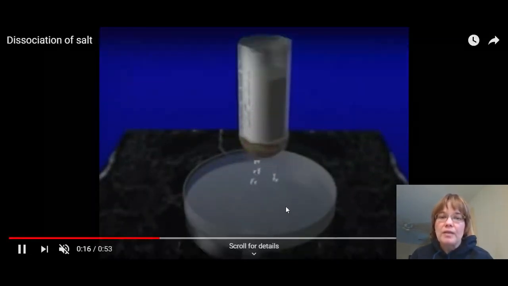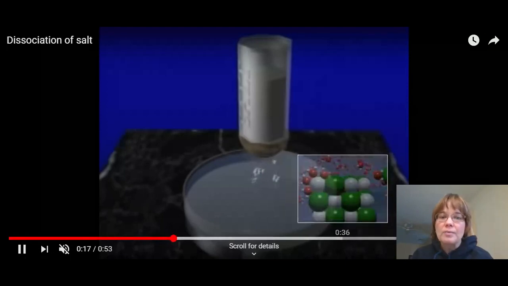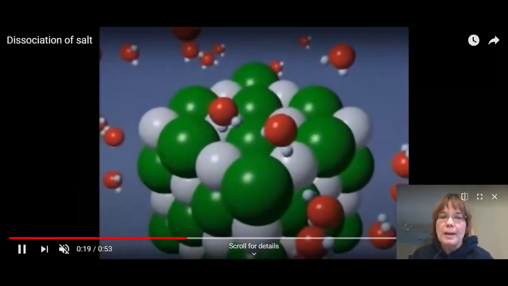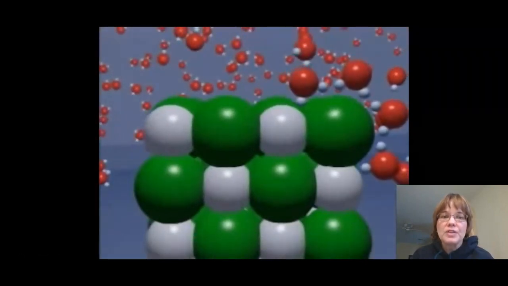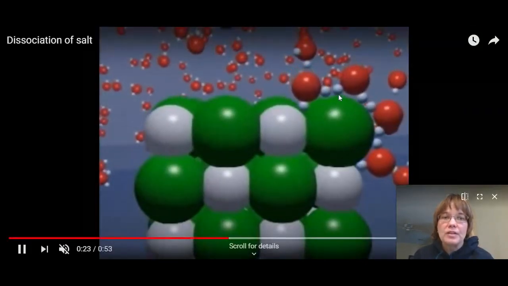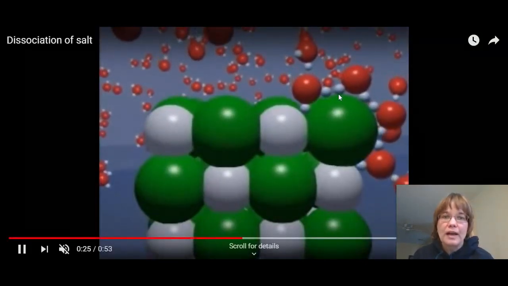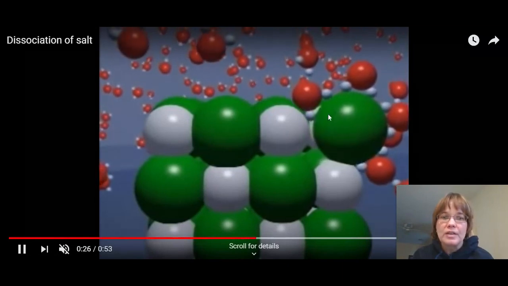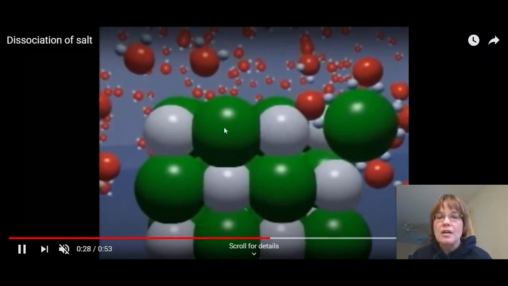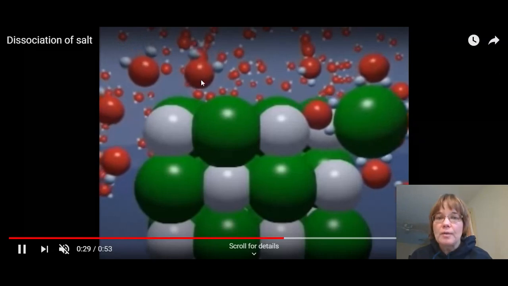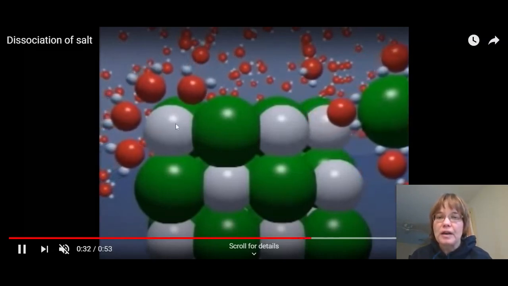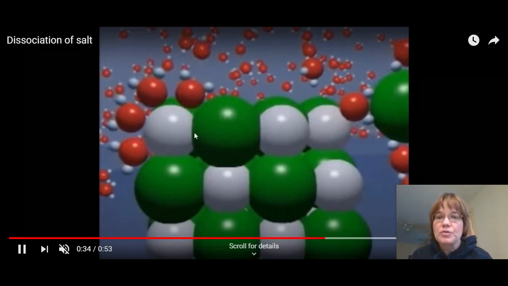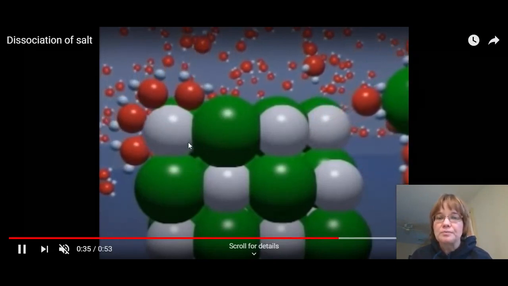So here we have salt being added to some water, and then we're going to watch what happens as it dissolves. The water molecules have partially positive ends on the hydrogen ends, and these are attracted to the negative chlorine ions. We have the partially negative ends of the oxygen on the water molecules being attracted to the positive sodium ions in our crystal.